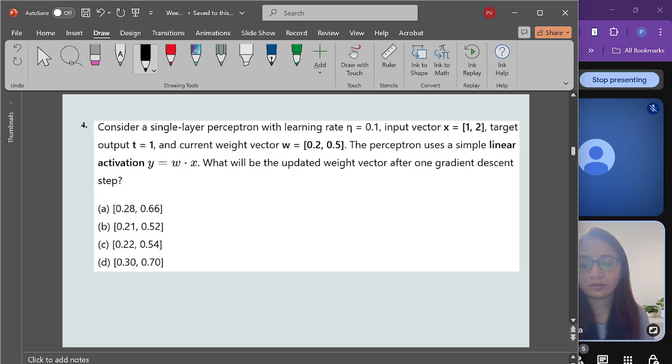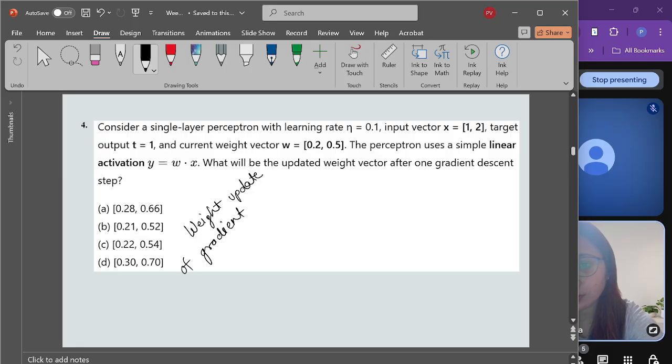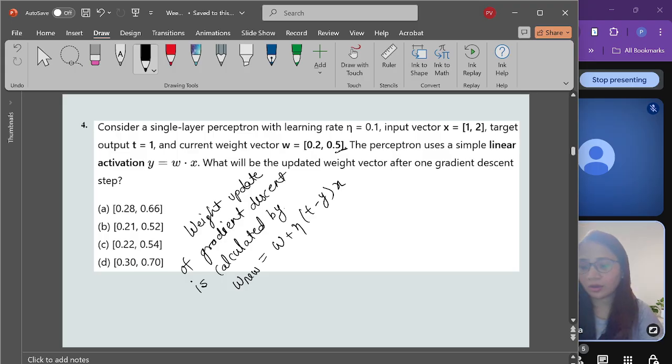So the weight update of gradient descent is calculated by, let's say the new weight w new equals the old weight that is already given here, plus eta times t minus y into x.